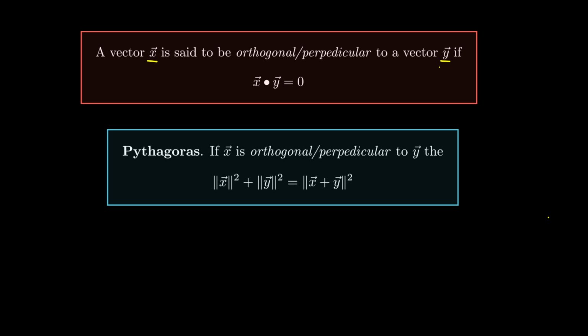And then we can just prove a very simple fact, and you can actually consider this as a generalization of Pythagoras' theorem. If we have two vectors, let's say x and y, and x is perpendicular to y, then let's just consider the triangle that's formed by these two vectors.